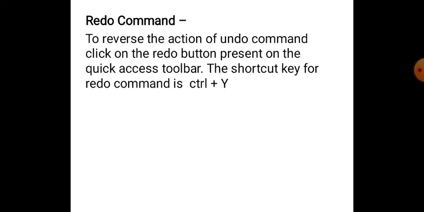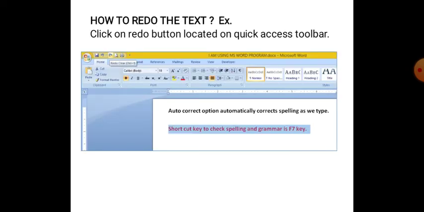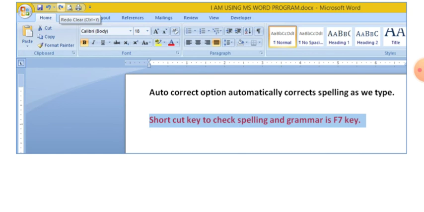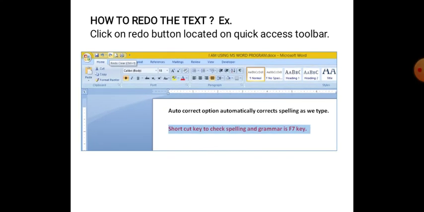Okay children. Now see, suppose the last action of undo was to display the line again. Undo displayed the line that I had deleted. Now we will click on the redo button that is also located on the quick access toolbar, on the left side of the title bar. As we click on the redo button, it will reverse the undo action.